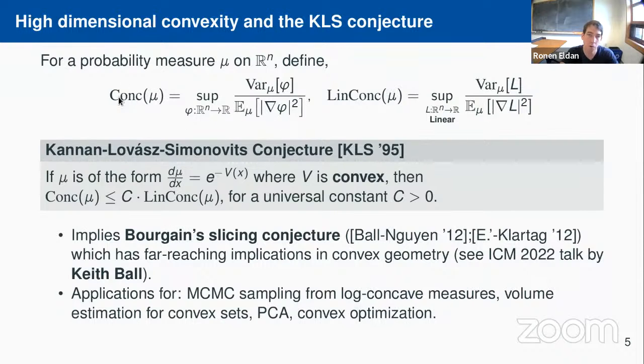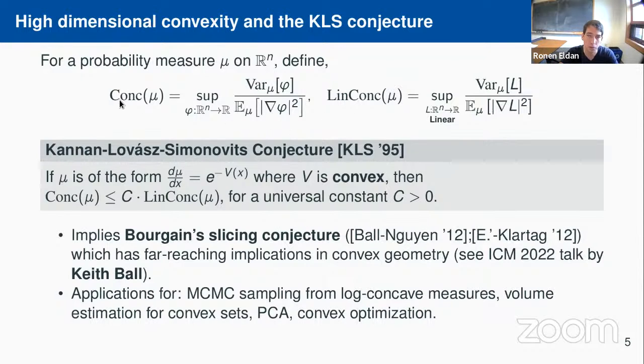If this coefficient is small, it basically means that any function that does not vary too much locally, typically its gradients are pretty small, does not also vary too much globally. The numerator corresponds to the global variation, and the denominator is how much it changes locally.